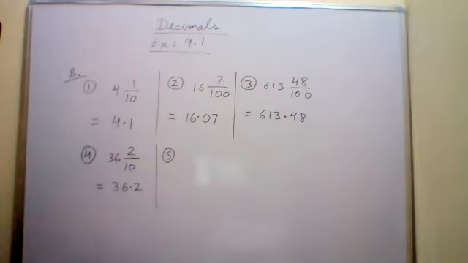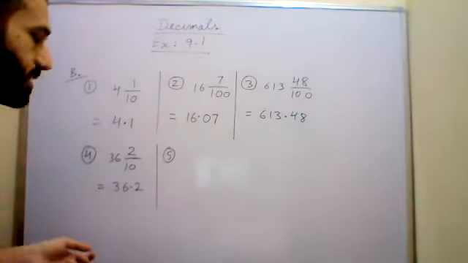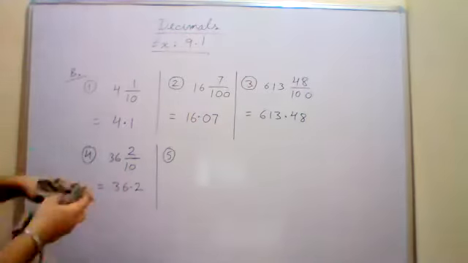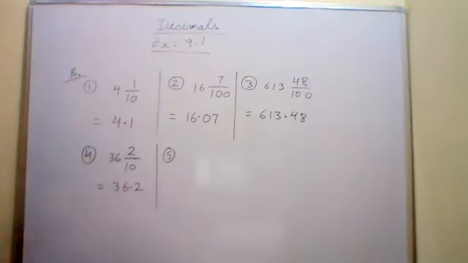So 5C, we have not started the chapter decimals with 5C. I will quickly start with decimals in 5C, and then we will move on with the questions, the exercise. Good afternoon, 5C. Especially 5B students, please pay attention. 5B, this is a revision for you all.